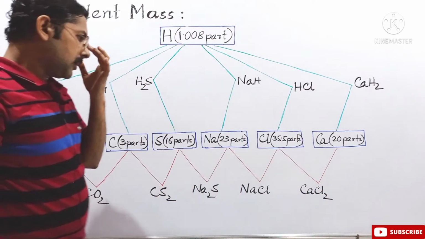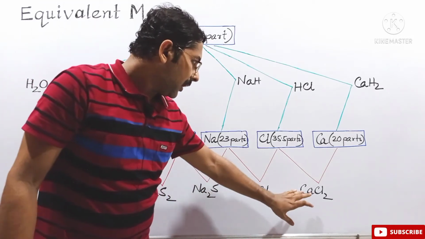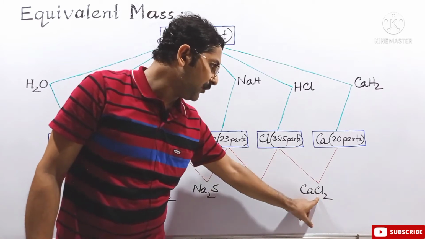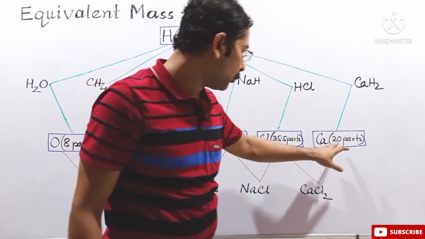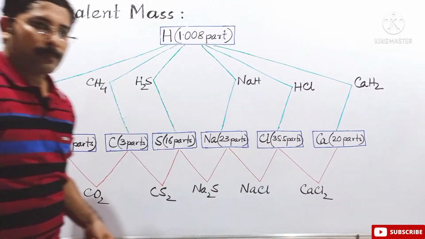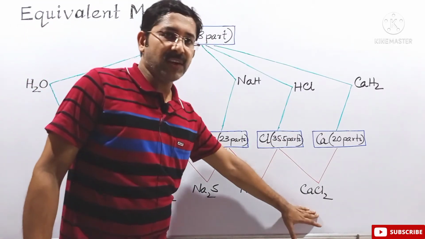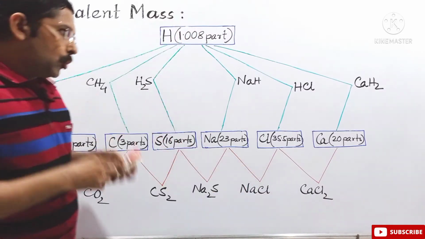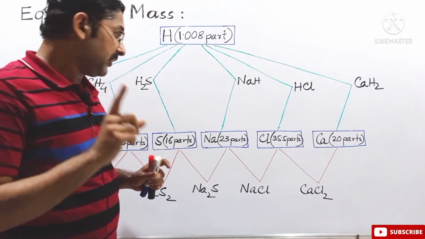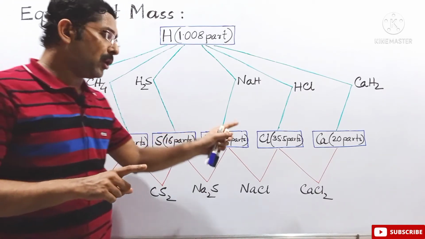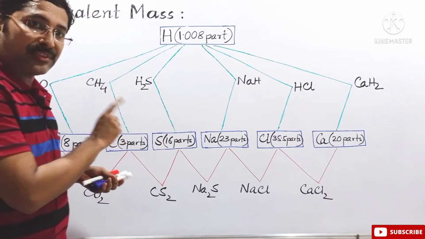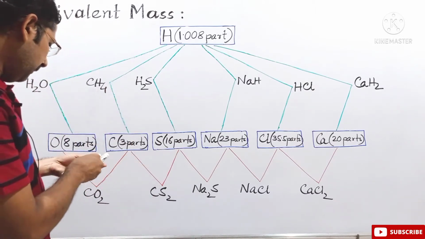We can find 40 parts of calcium combined with 35.5 into 2 parts of chlorine. So 20 parts of calcium will combine with 35.5 parts of chlorine. So the happenings are very interesting here. We can combine any element with another, but keep in mind that the group valency of all the elements must be considered because a valency factor is involved there. We will see later. Okay.